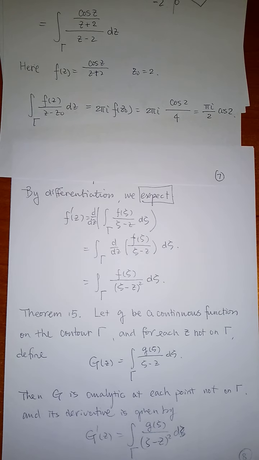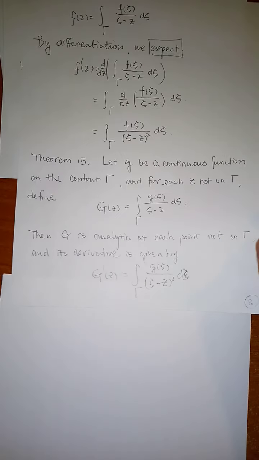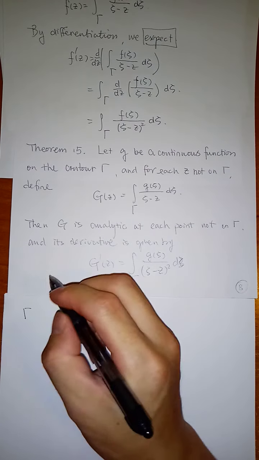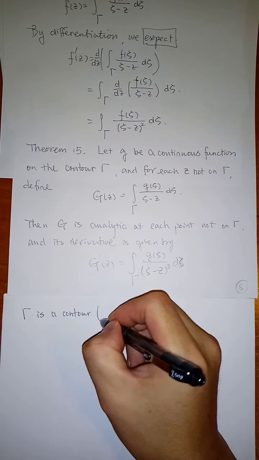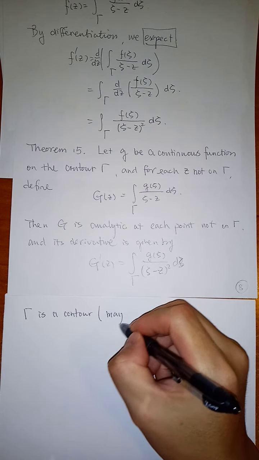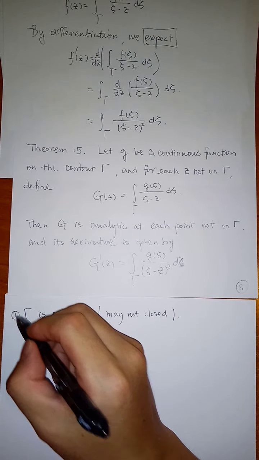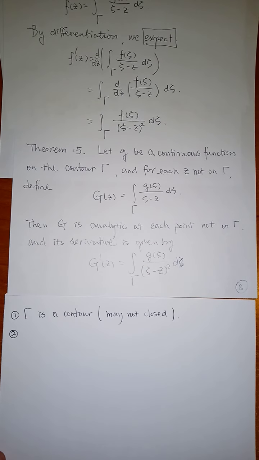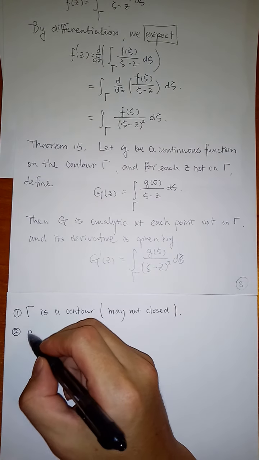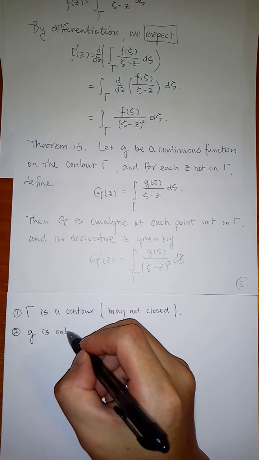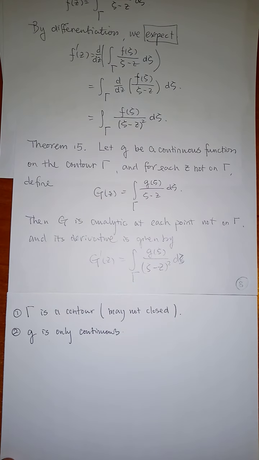So here there are some things we want to point out. First, gamma is a contour, meaning it may not be closed. Gamma is not necessarily a closed set. And second, little g is only continuous. It's not required to be analytic.